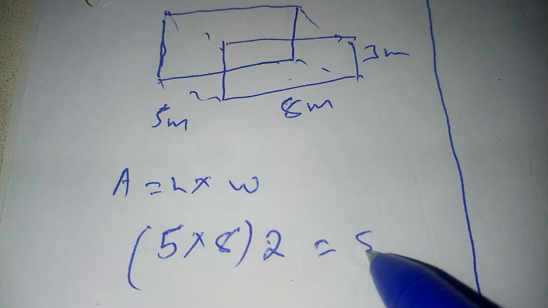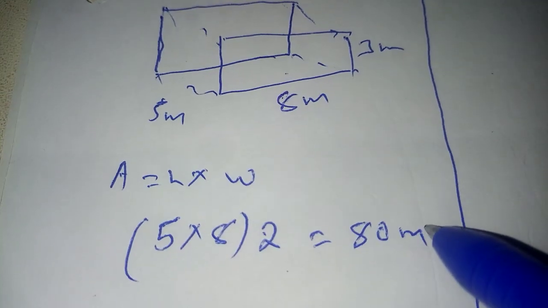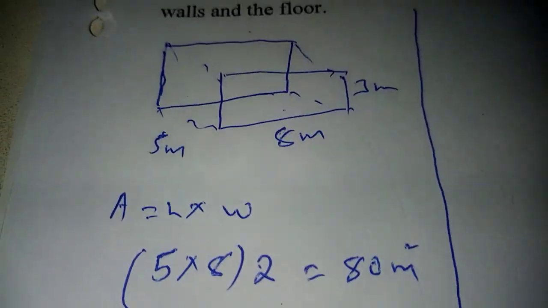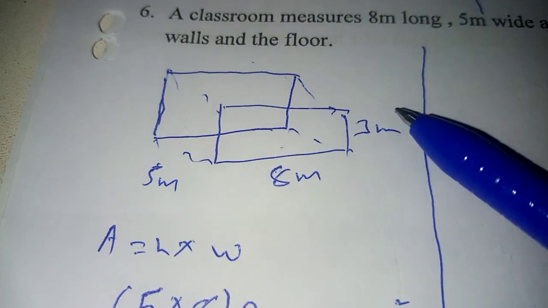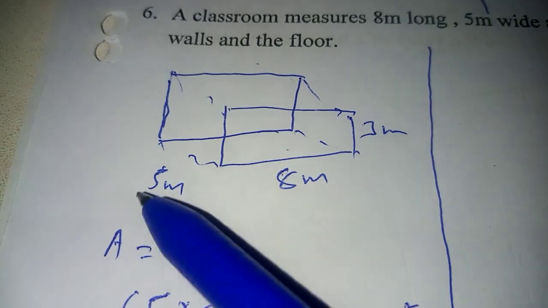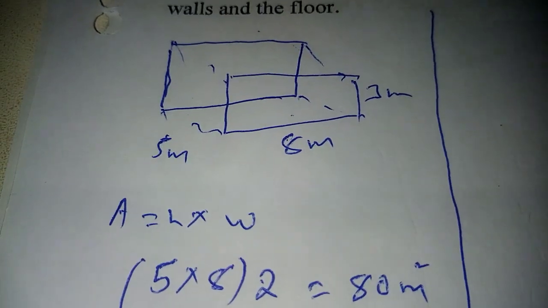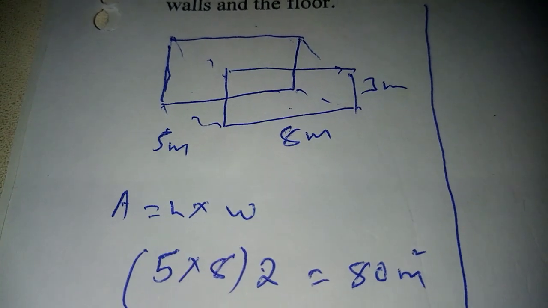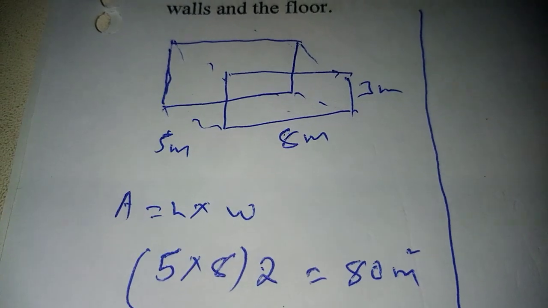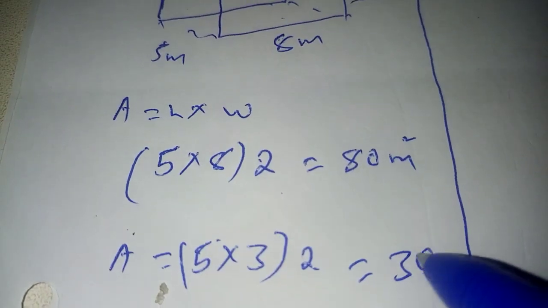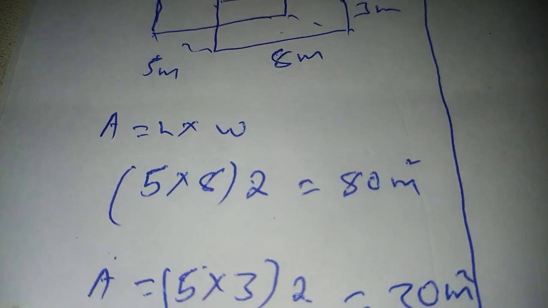That one is 80 meters squared. We also have this side and this side. This side we are having 5 and 3. So we also have area which is 5 times 3, and there are 2. That is 30 meters squared.